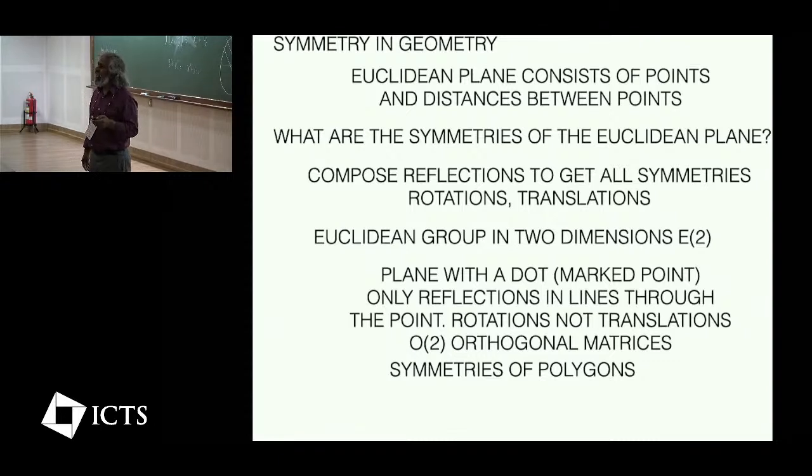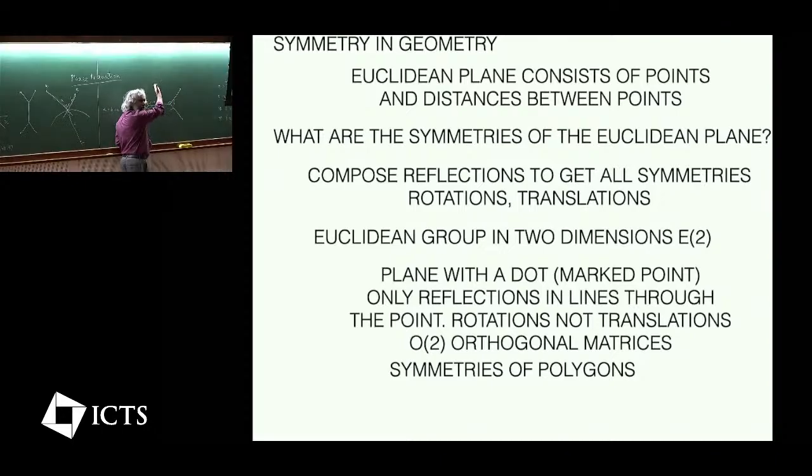Inversion in what sense? Or you can turn the plane upside down. Yeah, so let me say, suppose I take this blackboard and I flip it like this, then I'm reflecting about some line here, right?